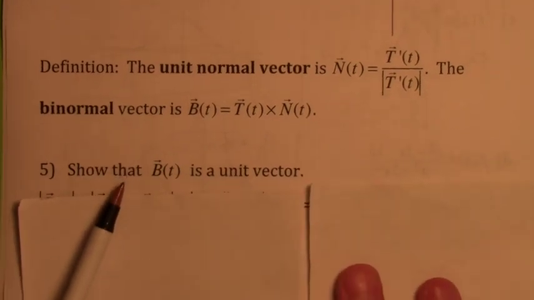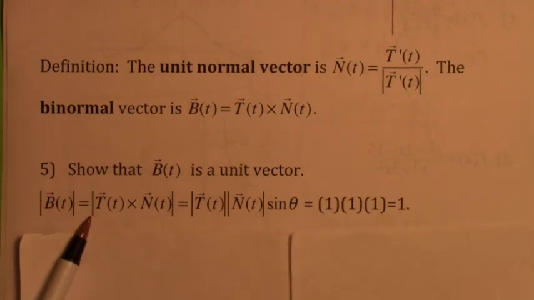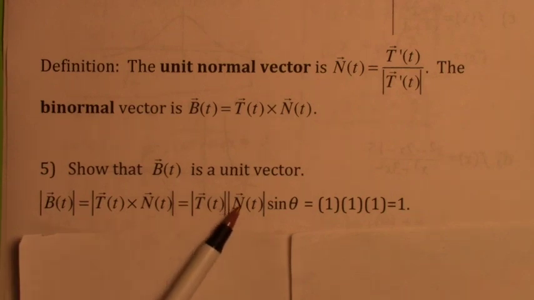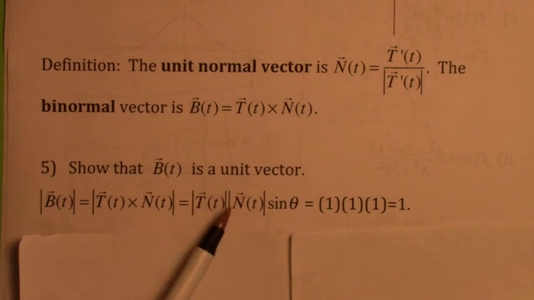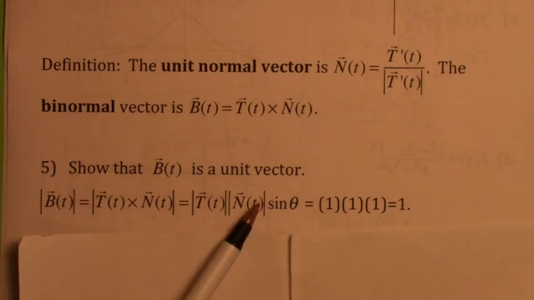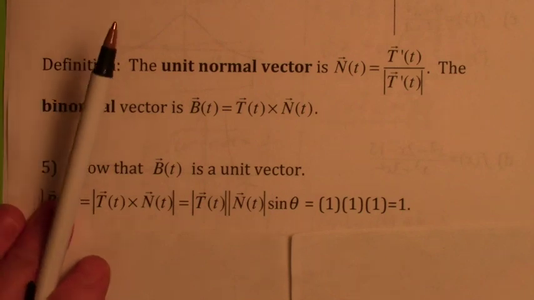That's not obvious, but if you look at the magnitude of it, isn't the magnitude of a cross product equal to the magnitude of the first, times the magnitude of the second, times sine theta? Well, we do know that t is a unit vector, and we do know that n is a unit vector, so that's 1. But why is sine theta 1? Why are t and n orthogonal?